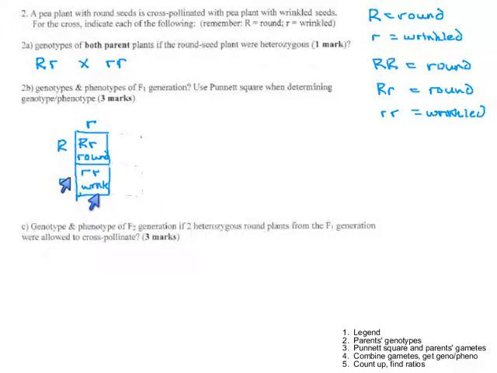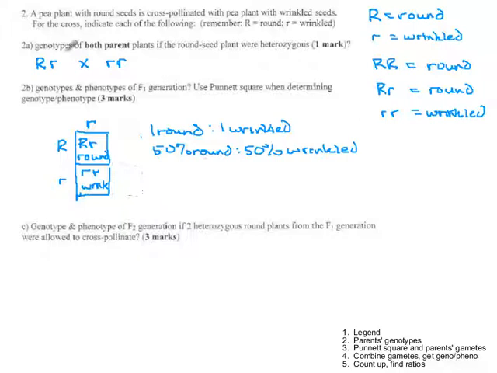So there's our genotypes and phenotypes for the F1 generation, and if we had to write ratios for them, you could either say it's 1 round to 1 wrinkled, or you could go percentage and say it's 50% round to 50% wrinkled.